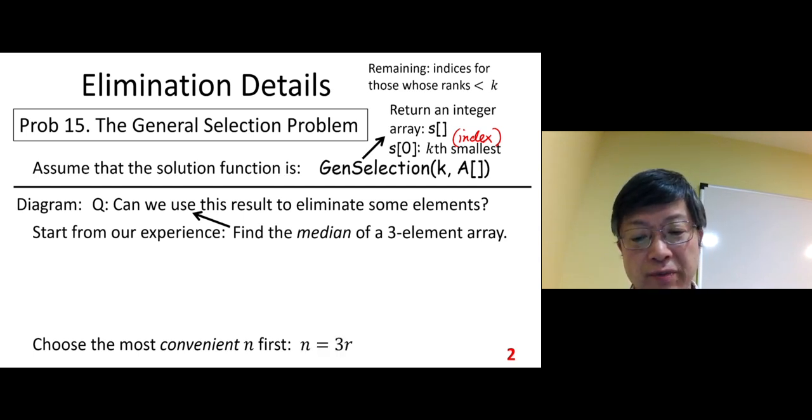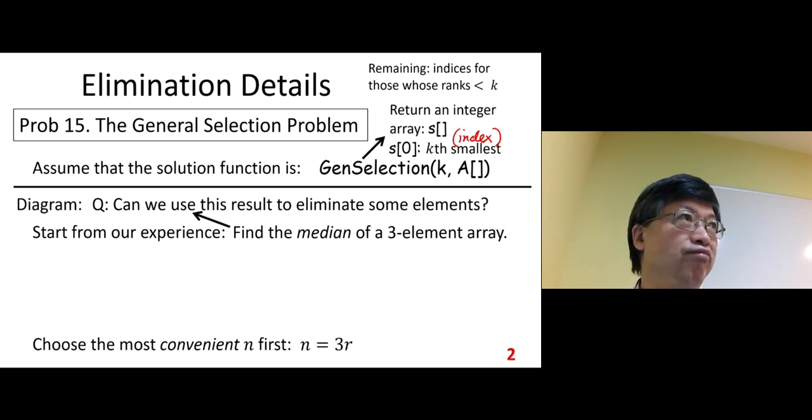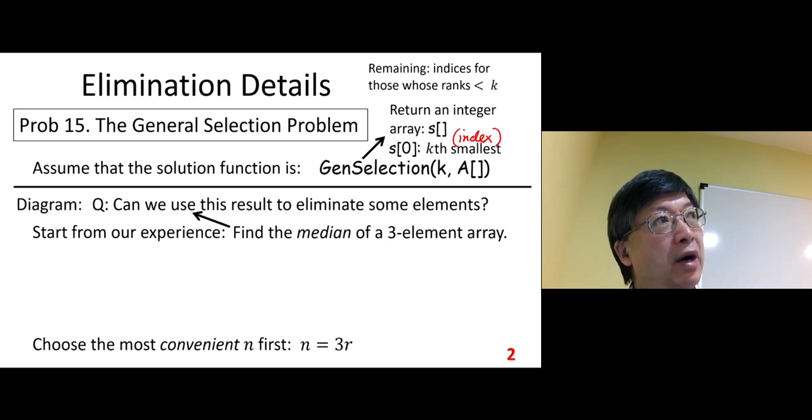Let's assume n equals a multiple of 3, n = 3r. If n is not of this type, don't worry, we can get around it easily. This first makes our analysis easier. So we make this assumption.